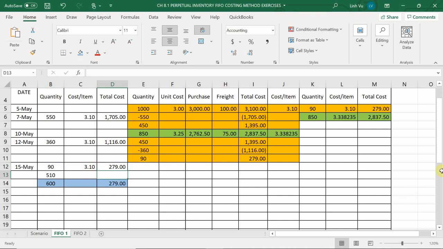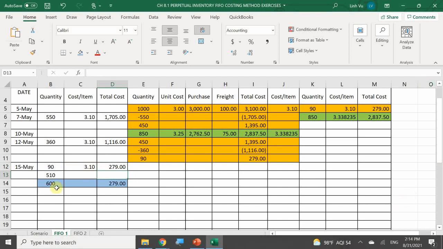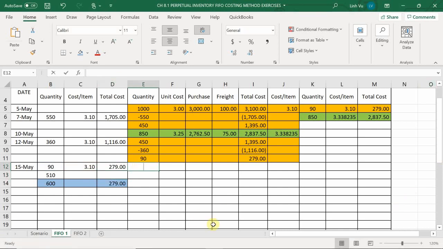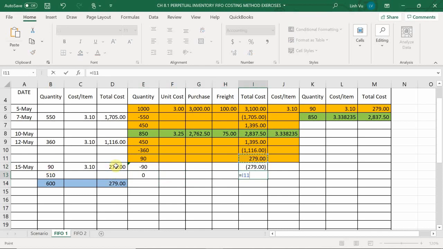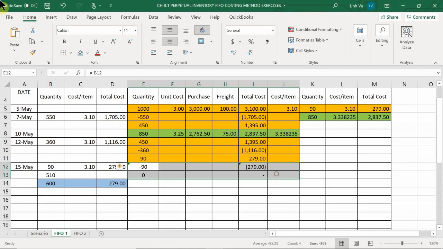And what I'm going to do here is eliminate that. So I sold 90, which takes me from 90 to 0, and I subtract the 279 to get to 0, okay? And this batch belongs to the orange.